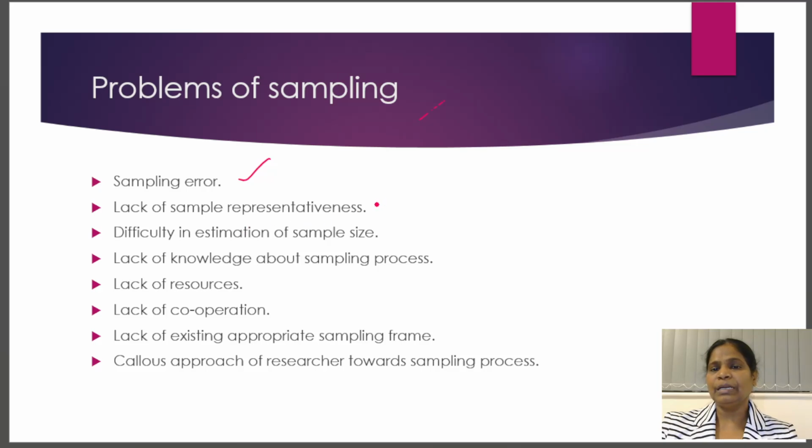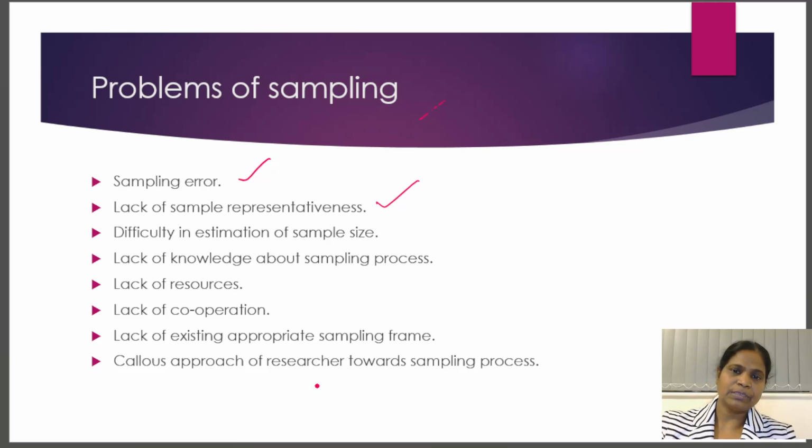Lack of sample representativeness. Of course, each individual is different, and each individual varies in their traits, behaviors, attitudes, opinions, etc. But to the maximum, the researcher should see that the sample represents the whole population.